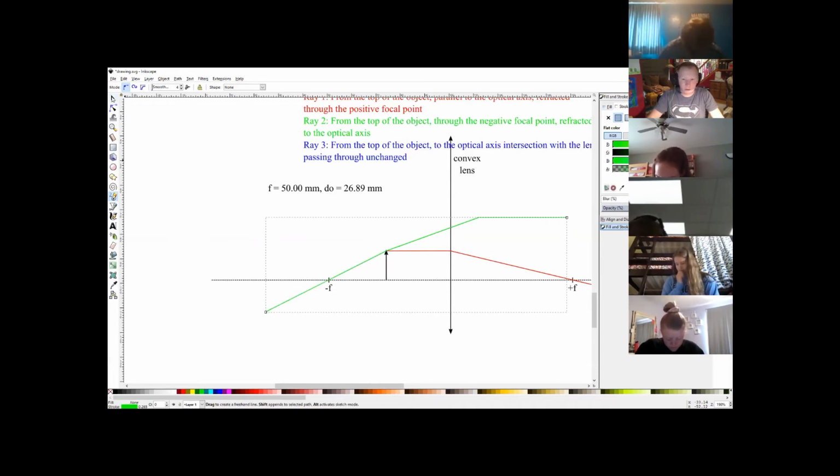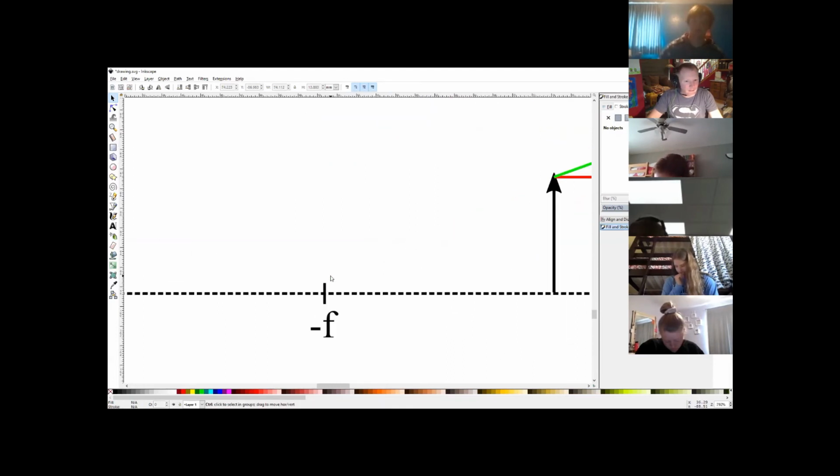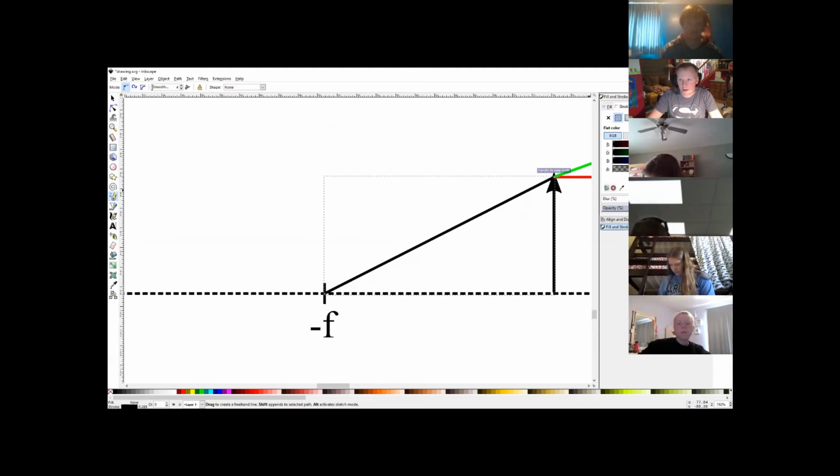That didn't quite work out. Parallel. Shoot. Try it again. That's there, and then I'm going to put that as dashed because it's not a real thing, but it is an important one to keep track of.